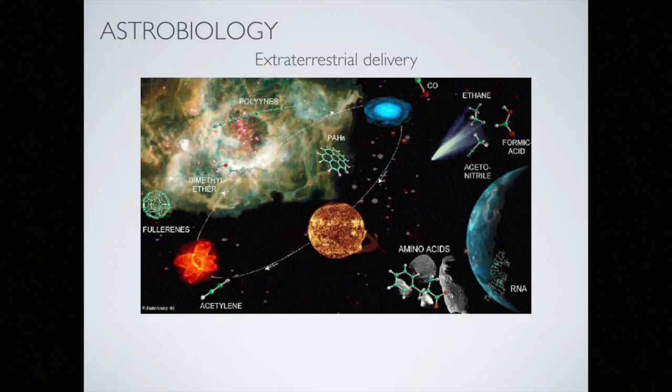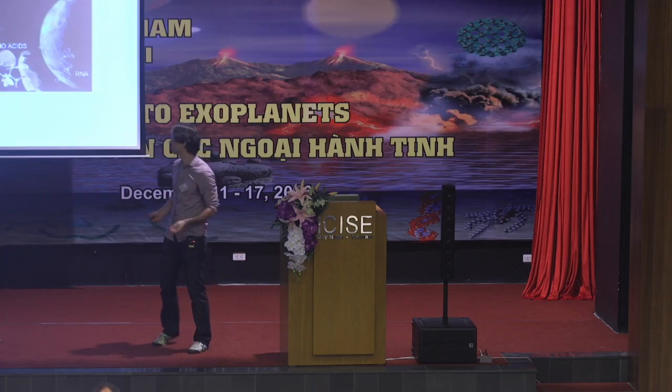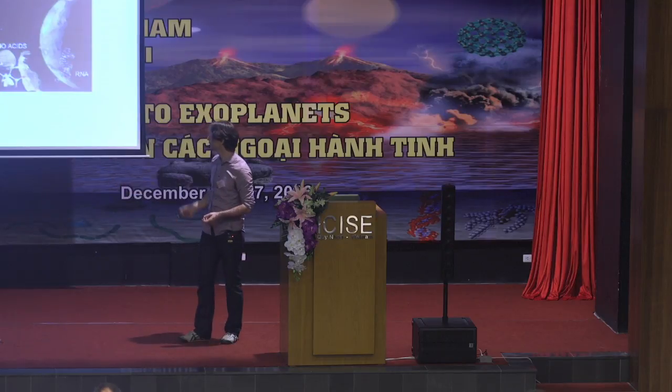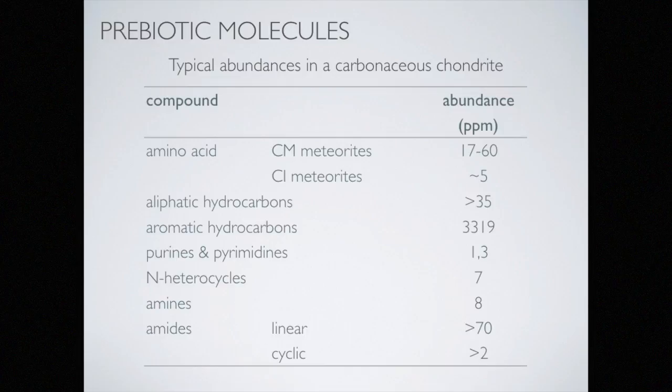Before you can form life on Earth, the building blocks have to come from somewhere. So this is one of the 4 elements that Ramon mentioned in the previous talk. So prebiotic molecules. I'm sure everybody knows about this. You can take a meteorite, a carbonaceous chondrite, crush it, dump it in water, extract the water, run some analysis, and you'll find a whole host of interesting molecules.